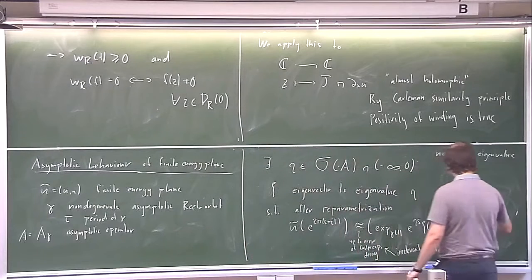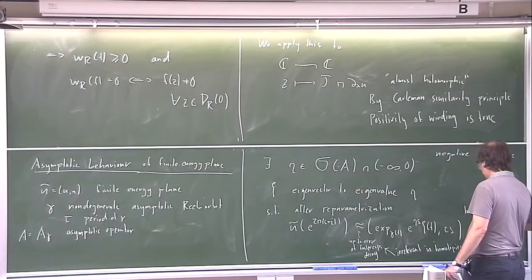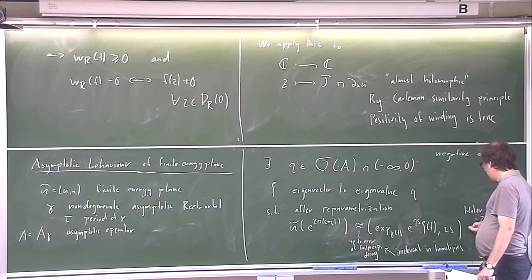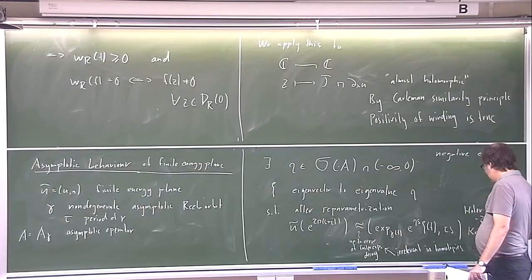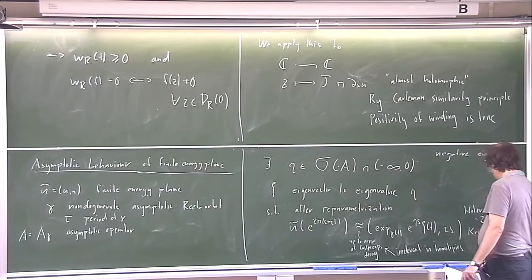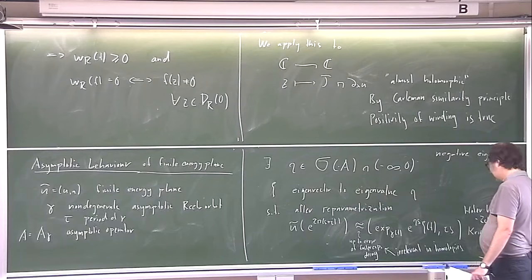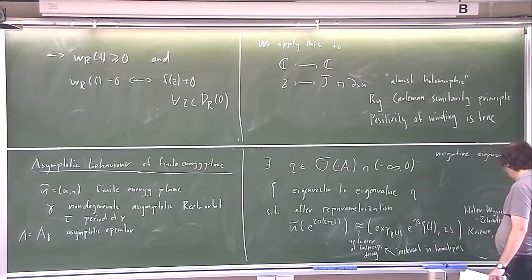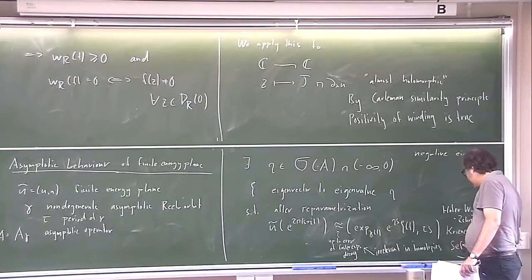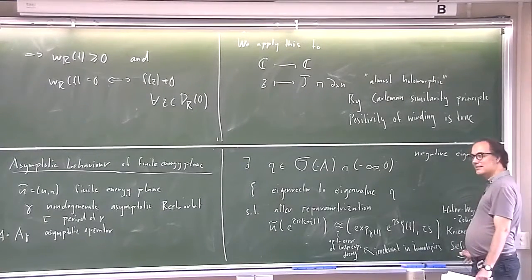This started with Hofer, Wysocki, Zehnder, then Helmut had some, so Kriener, when I was a student at ETH, he was an assistant, and then Mora, but after that I think they didn't stay in mathematics, and the one who survived is Siefring.